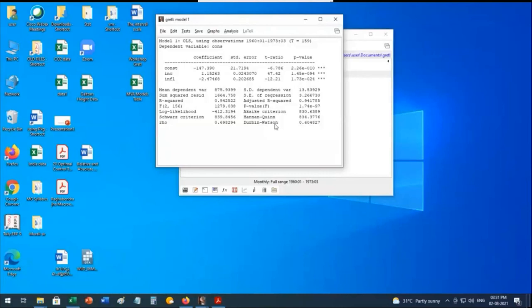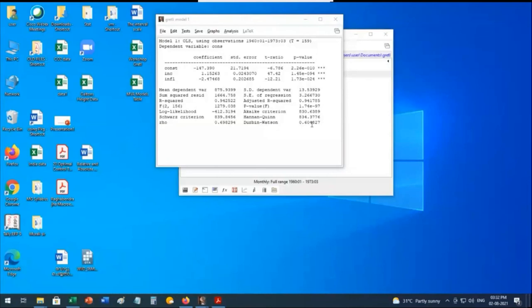So the Durbin-Watson statistic here is 0.6. That is much less than 2. That means there is first order positive autocorrelation. So that means at least one of our classical assumptions is violated. No autocorrelation assumption, and that also only first order.